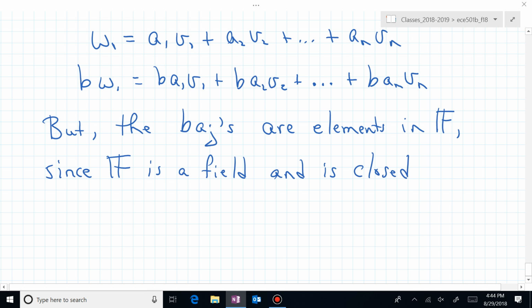And since it's a field, it's closed under scalar multiplication, which is what we're needing for the B A sub j's. So F is a field and is closed under scalar multiplication.